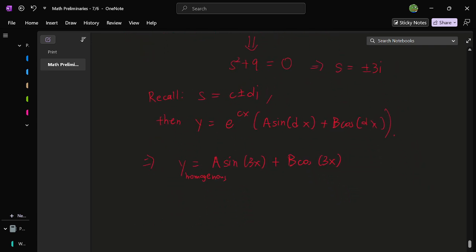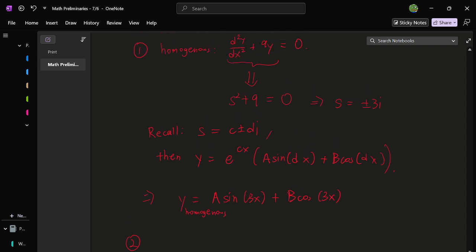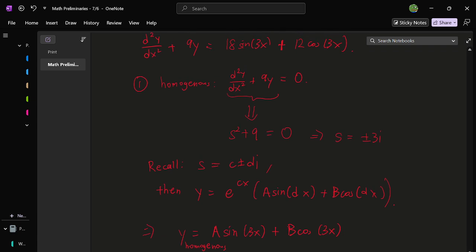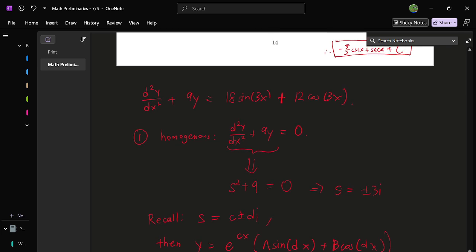Now, for the particular solution, now that you know what your homogeneous solution is, you see that both of these are sine 3x and cosine 3x. But your right hand side, which we called the Q(x), comprises sine 3x and cosine 3x also.